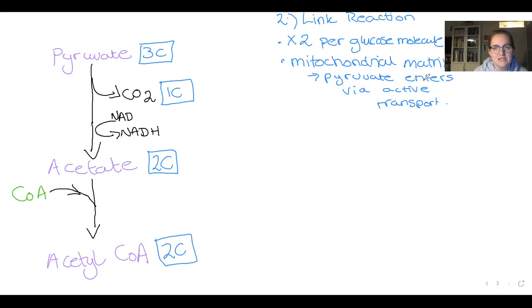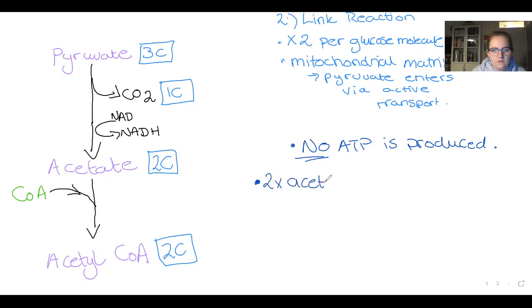The pyruvate has entered via active transport and no ATP is produced. Okay, so at this point, we've got 2 lots of acetyl coenzyme A, and this will go into the Krebs cycle.